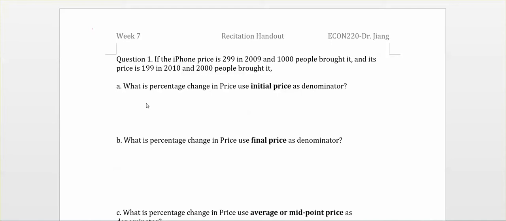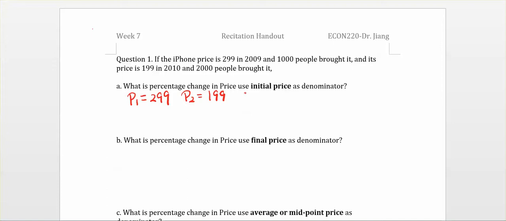In order to calculate this, the first thing you need to do is identify your initial price. That's really very important. We use P1 to label our initial price, so that is $299. And how about the final price? We use P2 to label it, so it is equal to $199. So how about the price change?